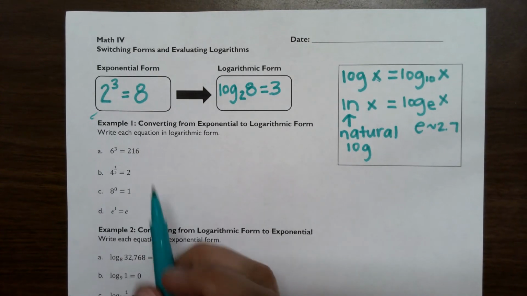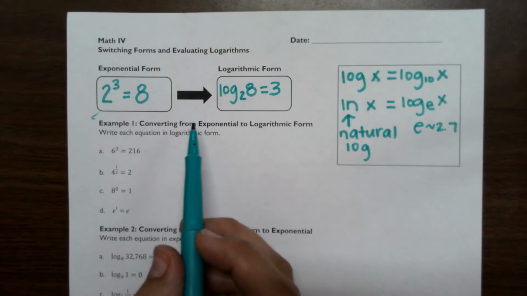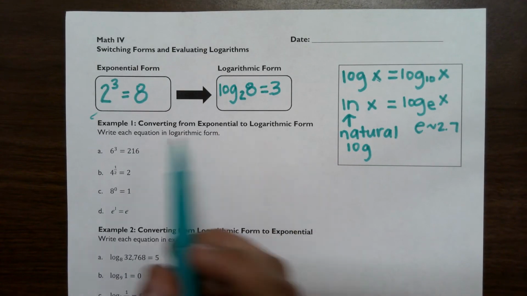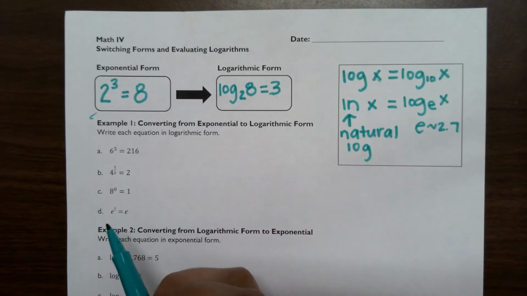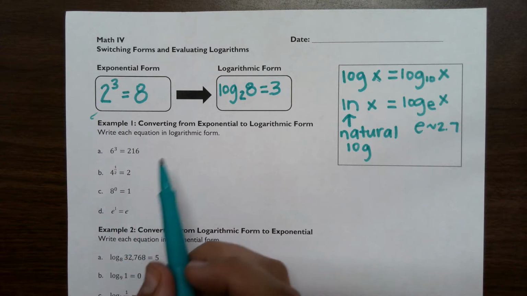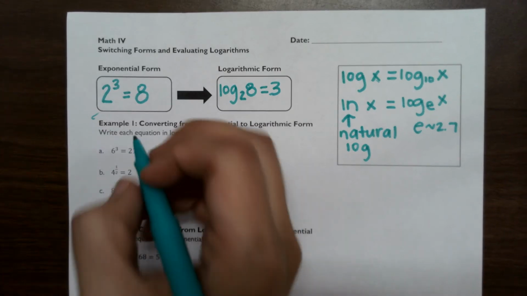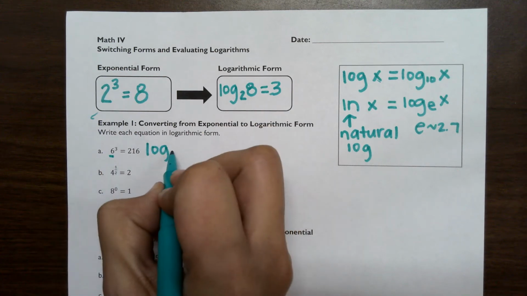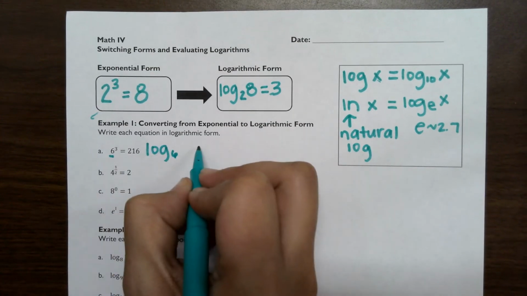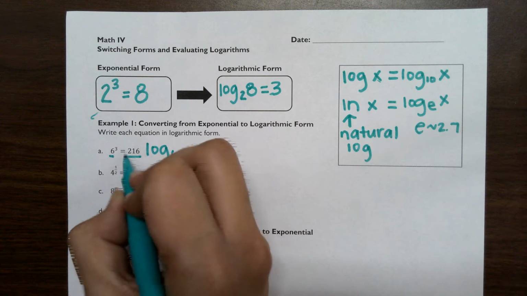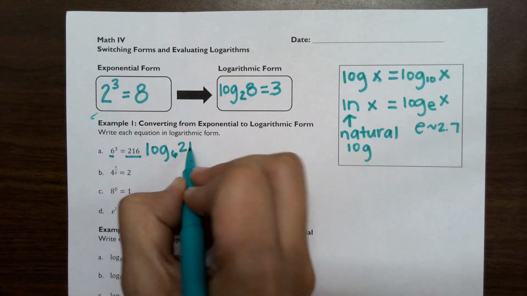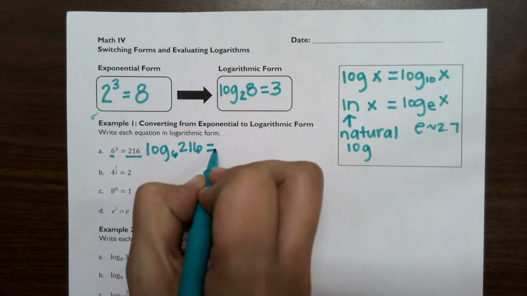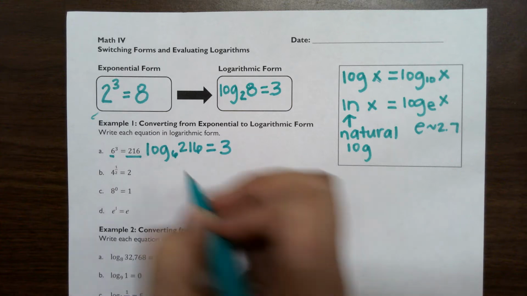All right, so first example here, all you're doing is converting from exponential to logarithmic form. So each of these 4 is already in exponential form, and they want you to write it in log form. So we write log, the base goes here. This number, the answer from the exponential, goes here, and it equals the exponent.